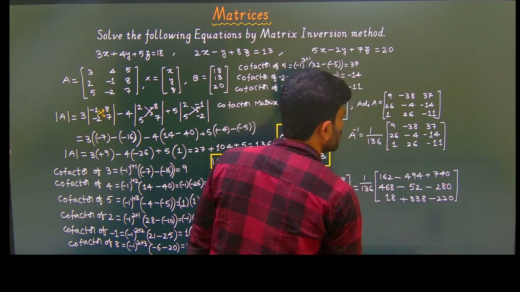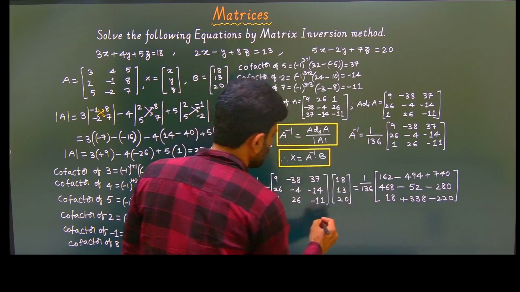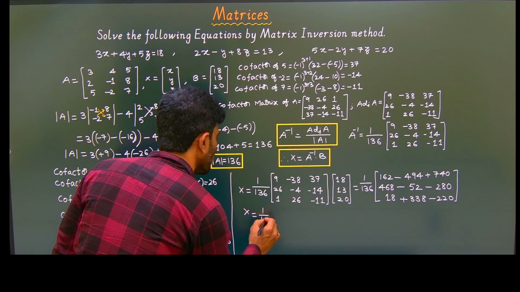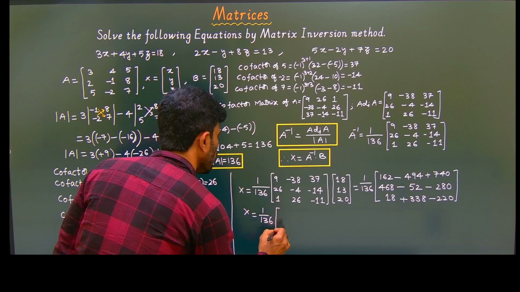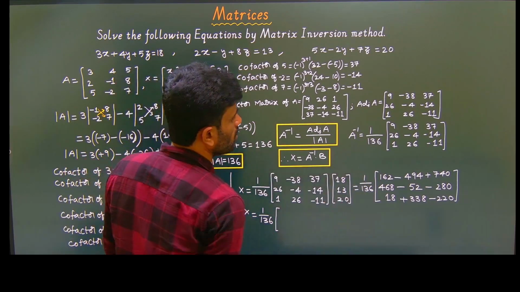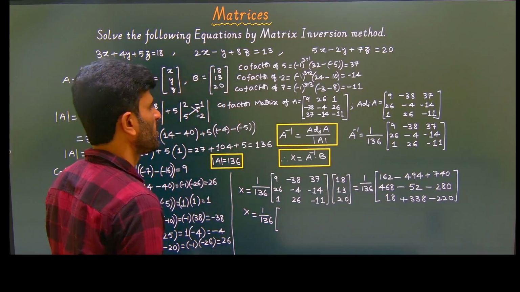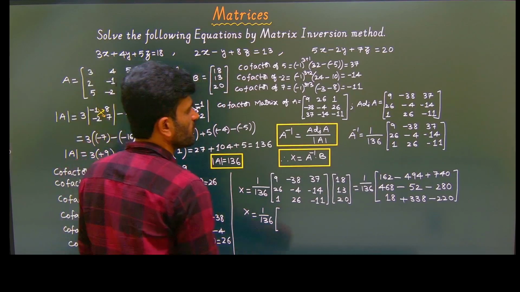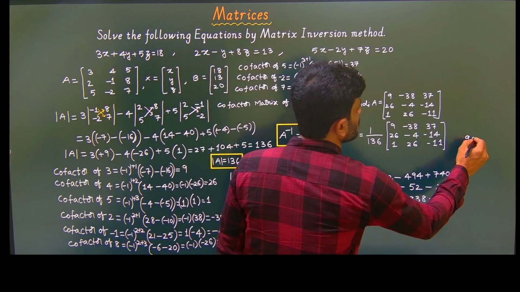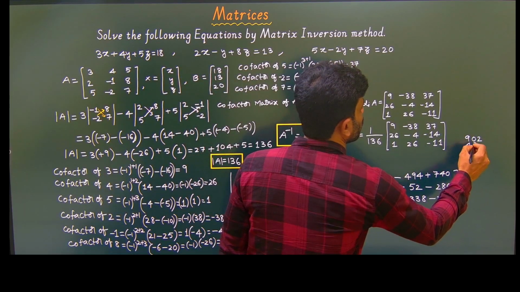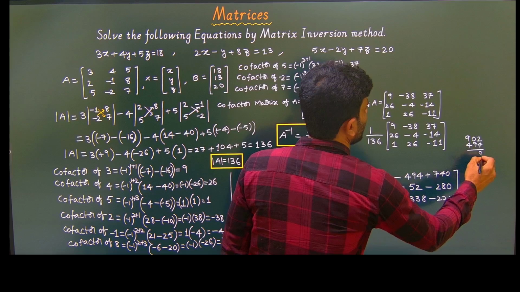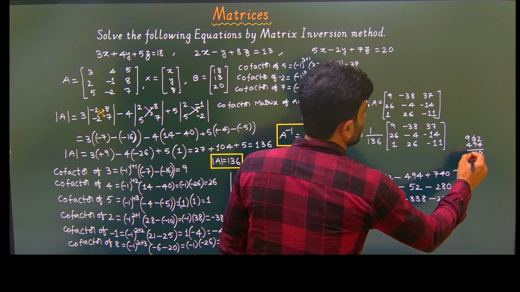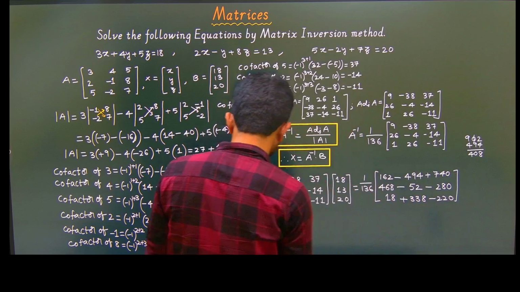So now we have to find the results. We get X equal to 1 by 136 into, when we take the first row, 162 plus 740 is 902. 902 minus 494. When we subtract, we get 408.